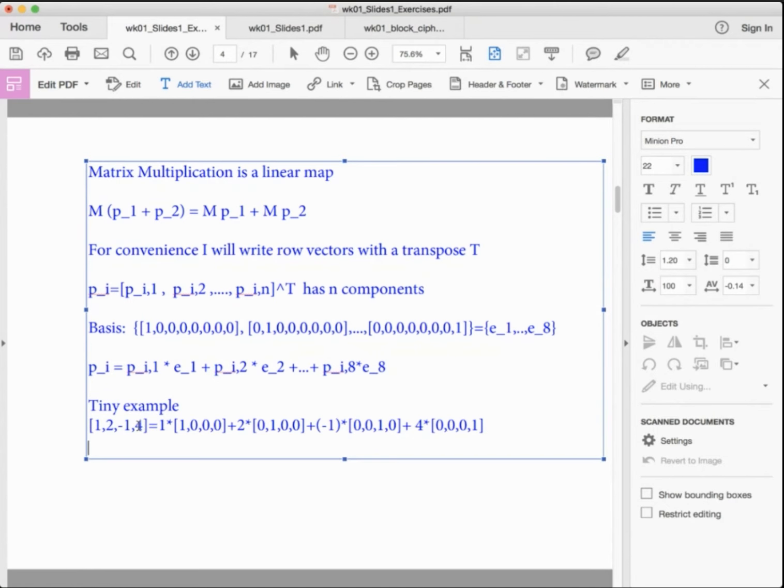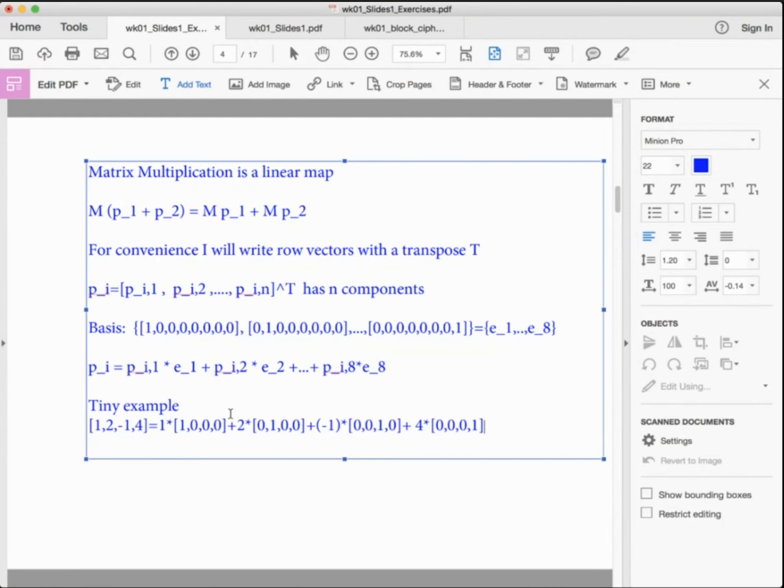Expand any vector in terms of the coordinates multiplied by the correct basis. So that's scalar multiplication. The whole point is I can decompose my P this way.